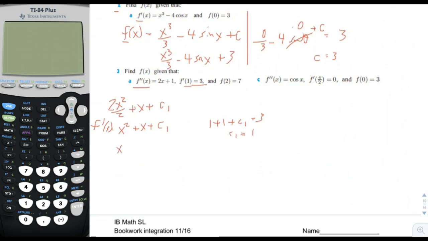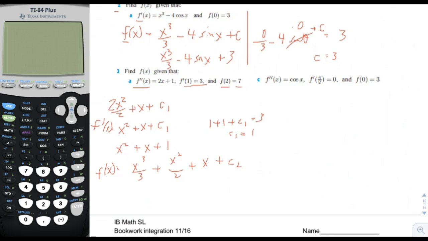So now we can rewrite this. It's x squared plus x plus 1. And now we can take the integral of that, and then we're going to get the original function. So we're going to get x cubed over 3 plus x squared over 2 plus x plus c2.